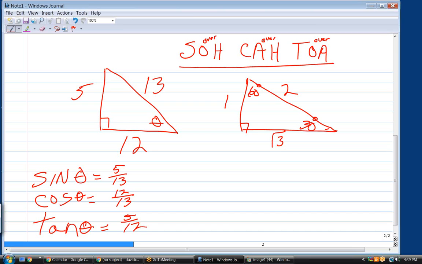If you can't memorize that, you cannot make any progress at all through trig. Okay. Now, notice that I'm always taking trig functions of angles, and I didn't know what that angle was. Didn't really care. Whatever that angle is, the sine of it is 5 over 13.